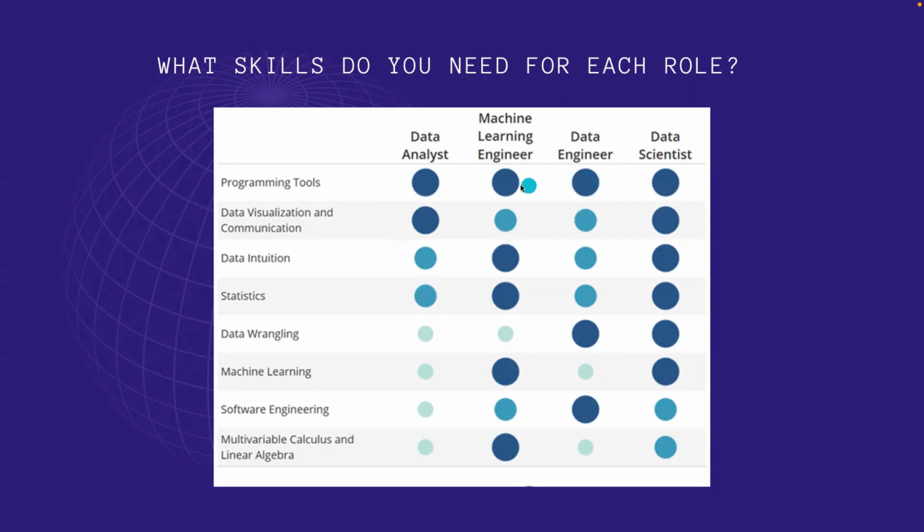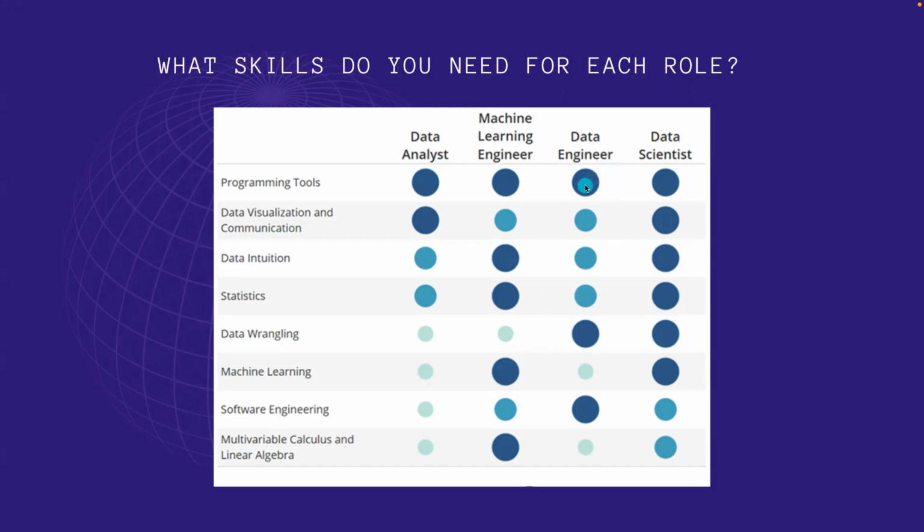The machine learning engineer, on the other hand, needs to know how to program. They need to know statistics. They need to know a lot of machine learning. And in order to feed into this machine learning, they need to know a lot of calculus and linear algebra, because that's how these models work.